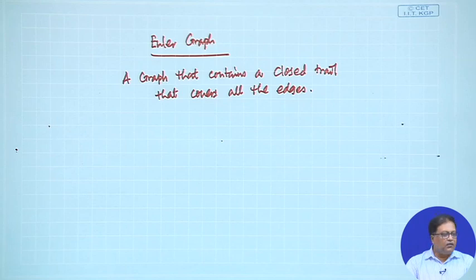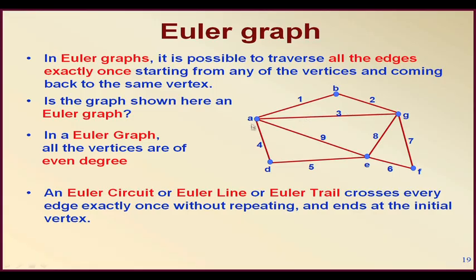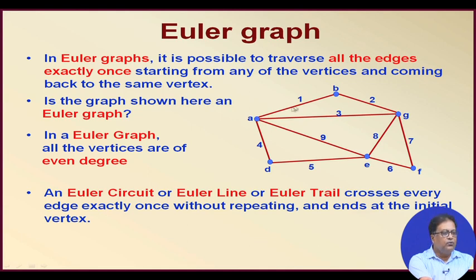So, if you can find a closed trail that covers all the edges, then we can call that an Euler graph. In this particular graph, look, we start with A, go to B, go to G, then go to A, and then go to D, then E, then F, then G, then E once again, and come back to A, right. So, 1, 2, 3, 4, 5, 6, 7, 8, 9, right.